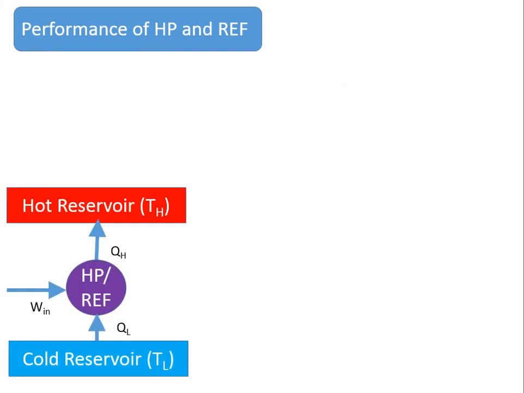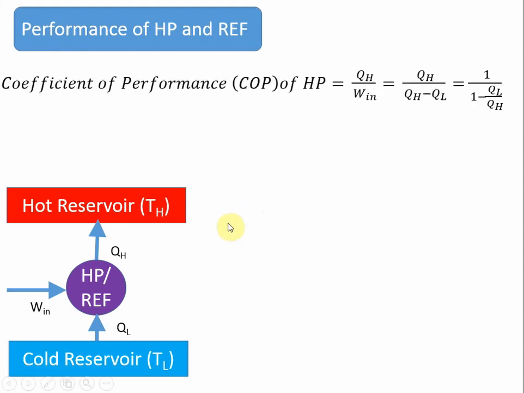Let us consider this heat pump or refrigerator. So imagine it is a heat pump. The general equation for performance is desired output divided by the input given in order to get that output. When you take a heat pump, desired output is QH because that is our focus.